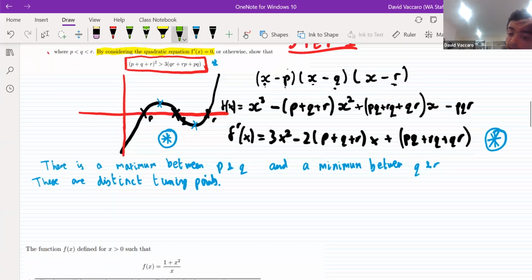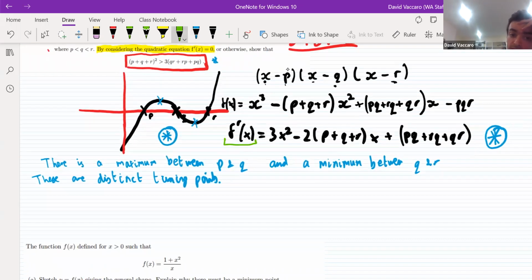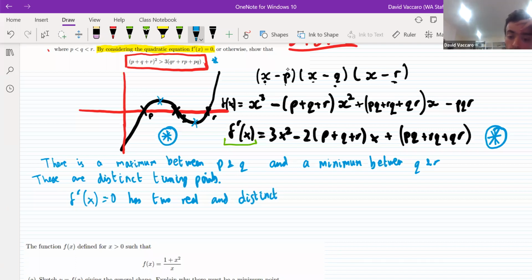But we know when turning points happen, they happen when f dash x equals 0. So f dash x equals 0 has 2 real and distinct roots.